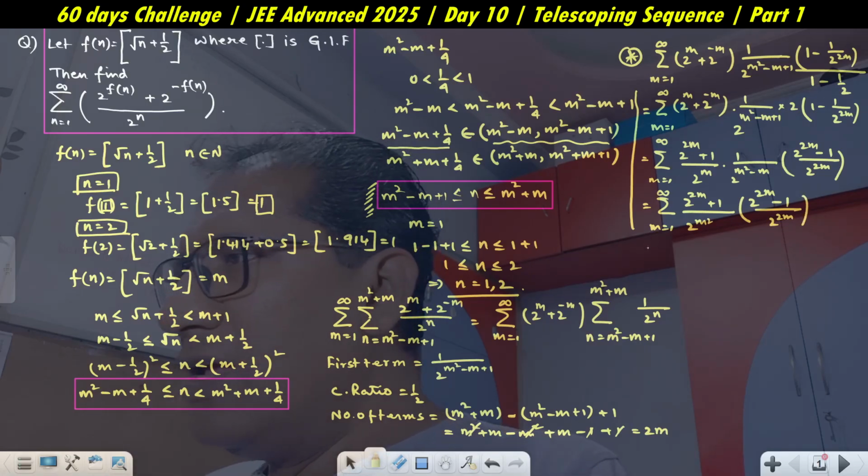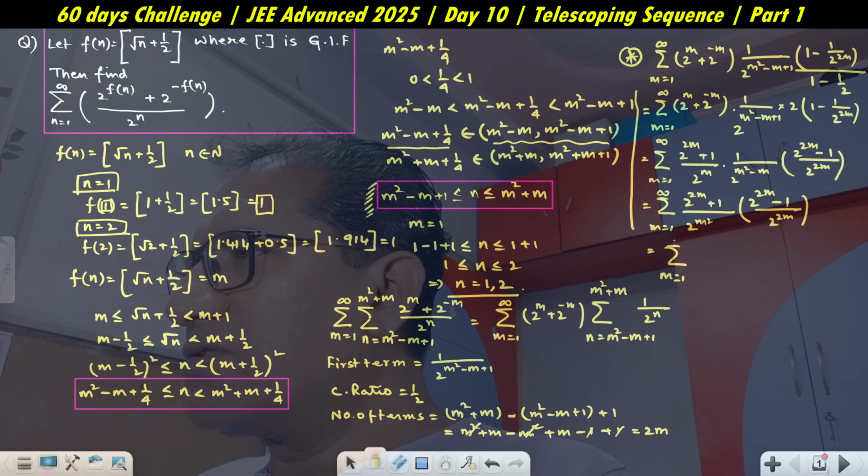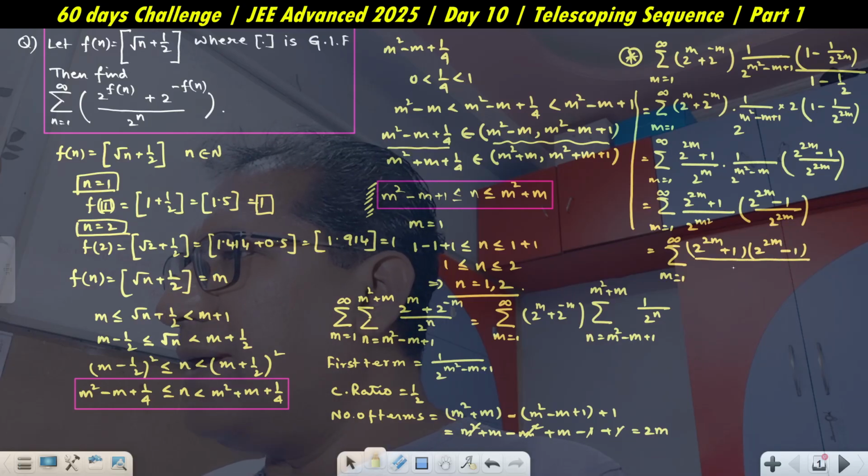Okay? So now we are getting actually m is from 1 to infinity, 2 to the power 2m plus 1 into 2 to the power 2m minus 1 divided by 2 to the power m square plus 2m. Am I correct?